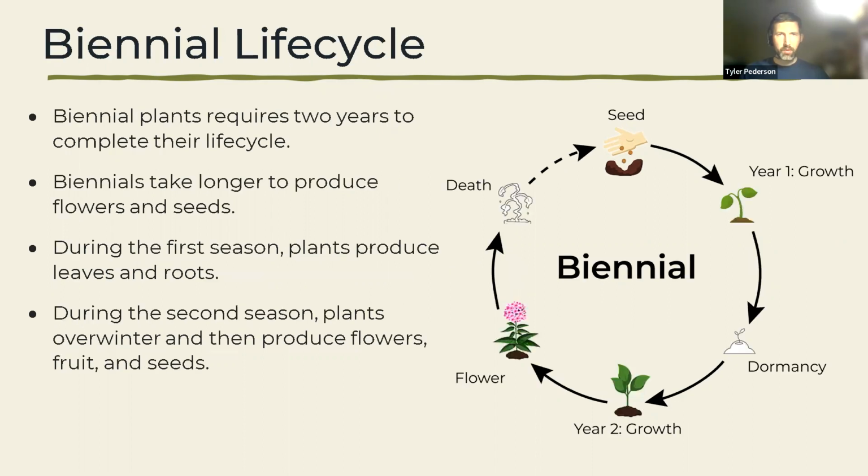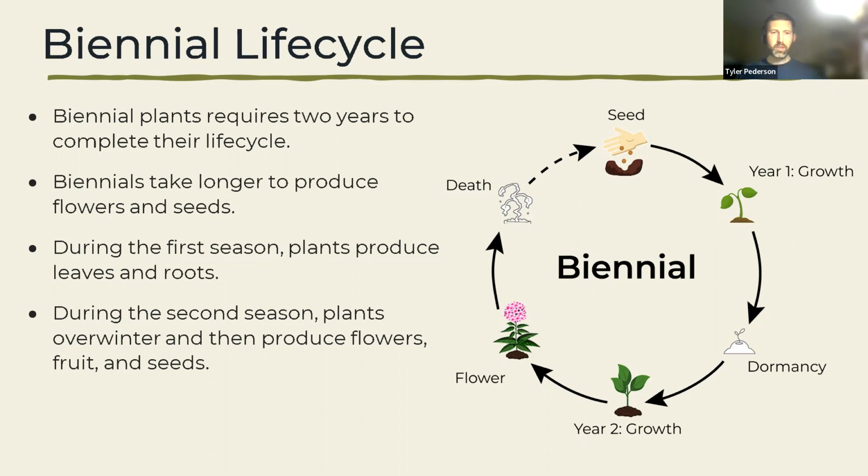The next type of plant life cycle are the biennials. These are plants that require 2 years to complete their life cycle. Usually the biennials will take longer to produce flowers and seeds. During the first season, plants will produce leaves and roots. And then during the second season, plants will overwinter and then produce flowers, fruit, and seeds.